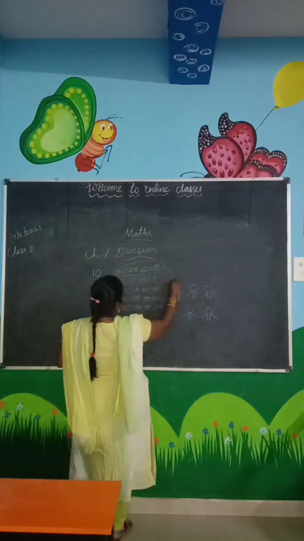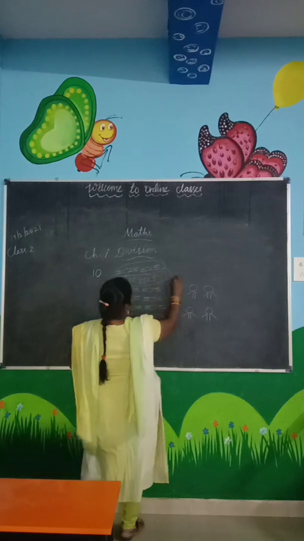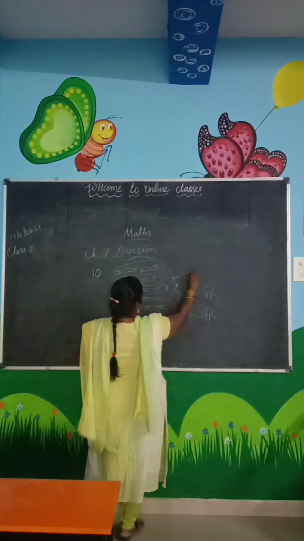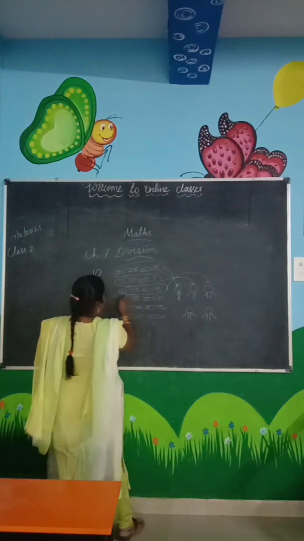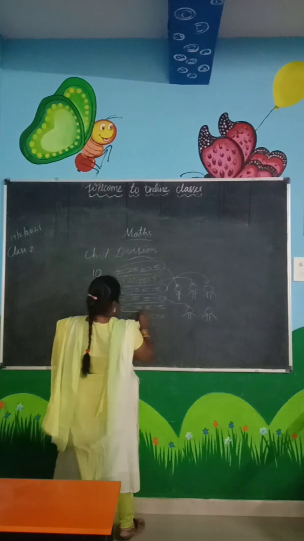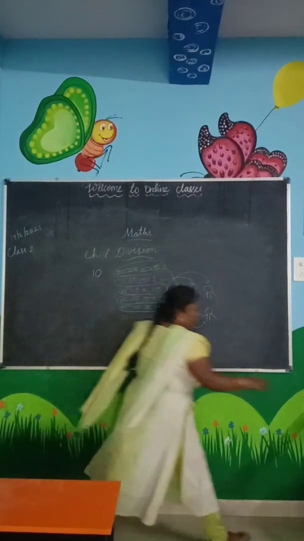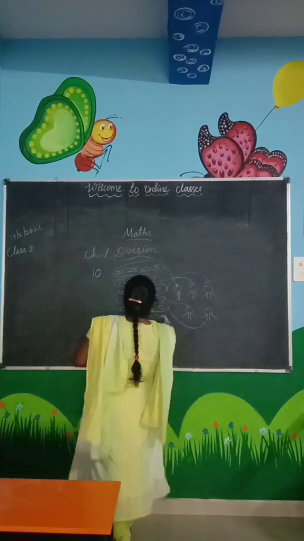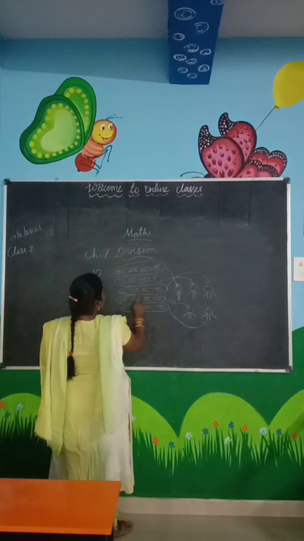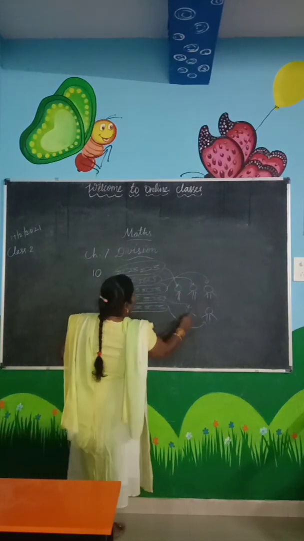See, if I have 10 chocolates, these 2 go to the first, second, third, and so on. So I have drawn them. 1, 2, 3, 4, 5, 6, 7, 8, 9, 10. 10 chocolates I have and 5 children are there.